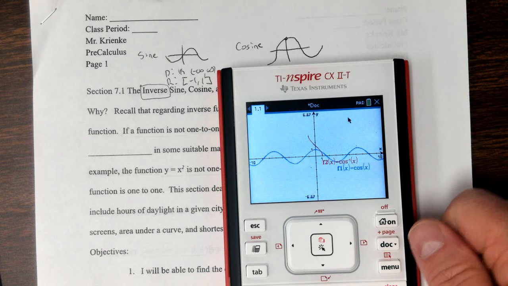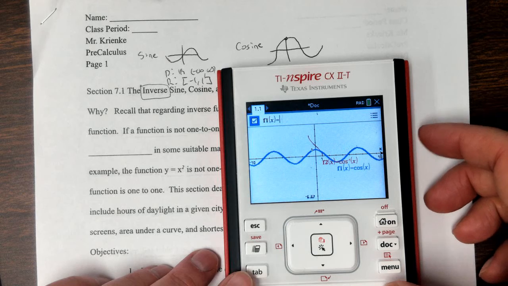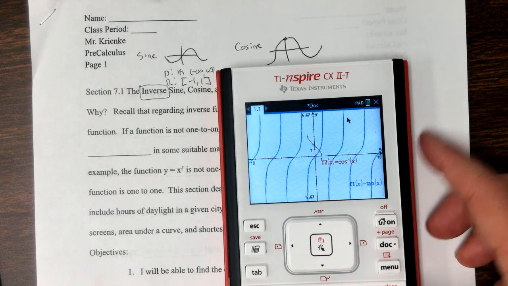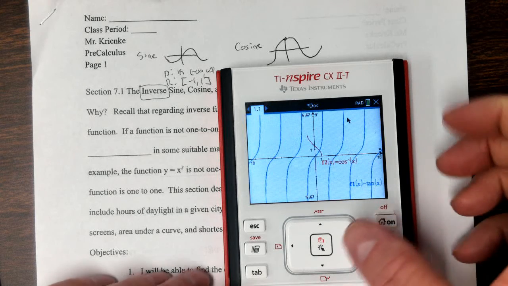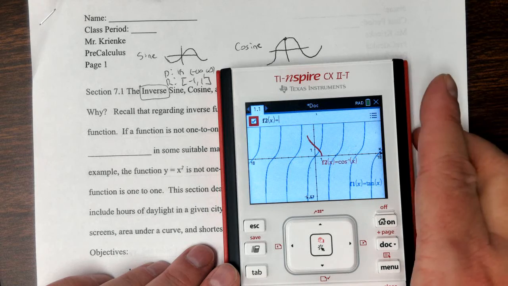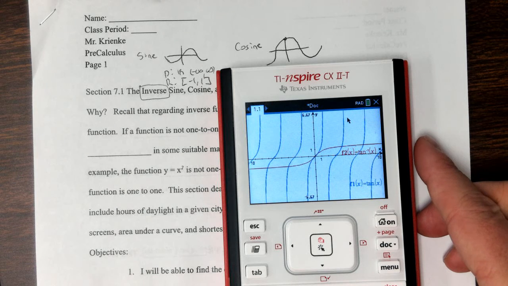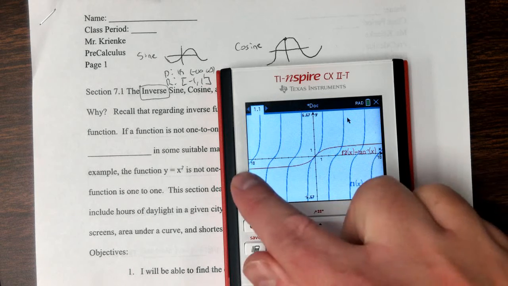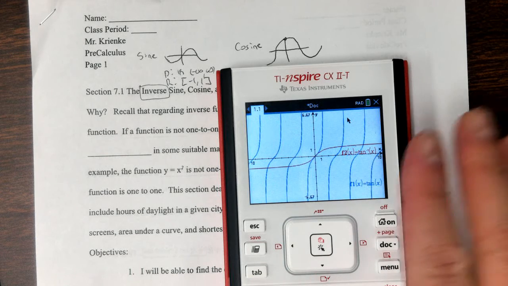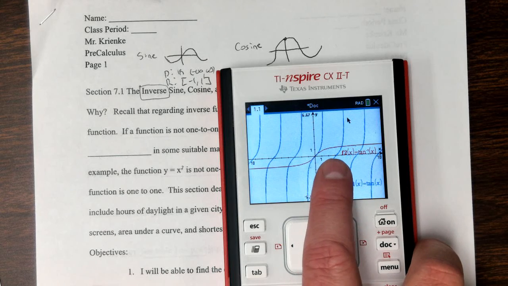And then there's one other one, the tangent graph looks like that, with all the asymptotes, and the inverse tan graph looks like that. So it's tilted that way instead of up. Okay, so now let's fill in the blanks, but those are the graphs and things we're going to be talking about.